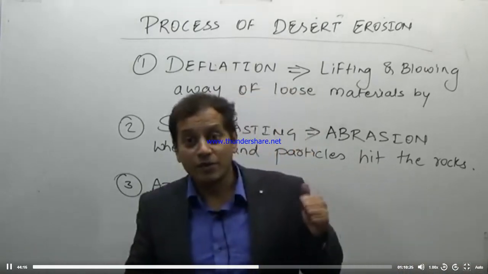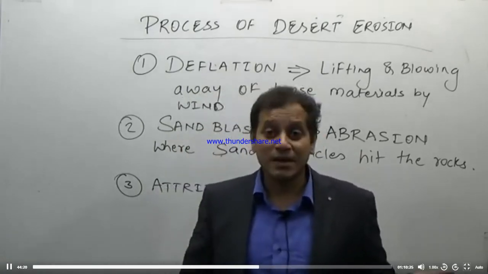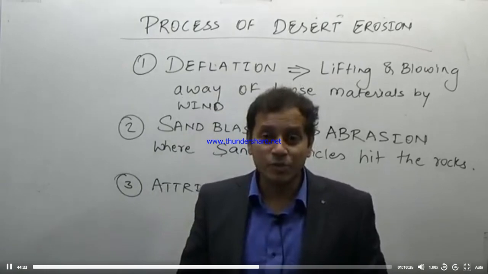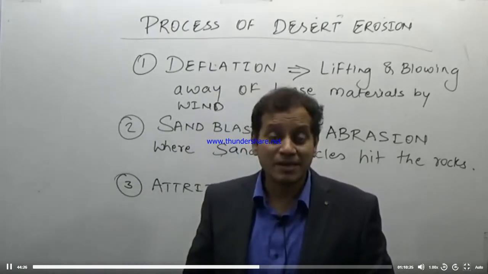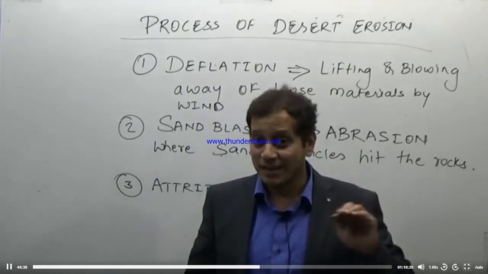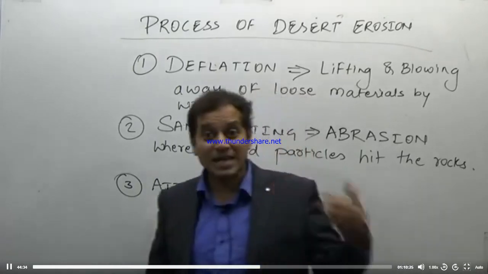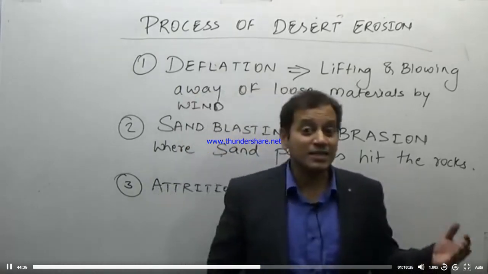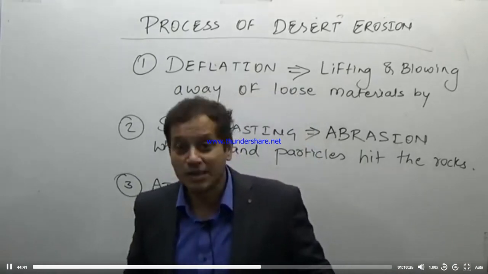Though not related to geography, why are electric poles, telephone poles or any other poles covered by metal casting? Because sand blasting is effective only near the ground surface, at a certain height from the ground surface, since sand is an effective agent of erosion only near the ground surface.